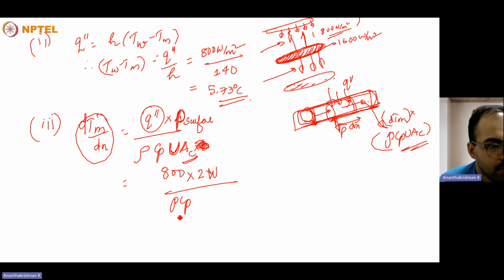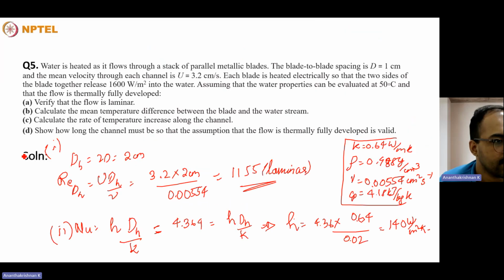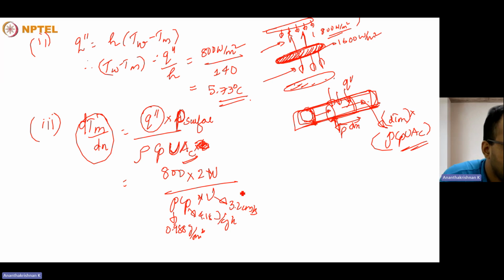Cp into rho. Rho is 0.988 gram per centimeter cube. Cp is 4.18 joule per gram Kelvin. U is the mean velocity, 3.2 centimeter per second, which is given in the problem. And then in the last term, the cross-sectional area is equal to the width into the D term.